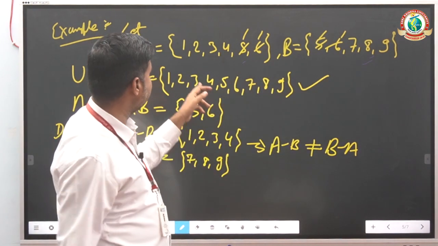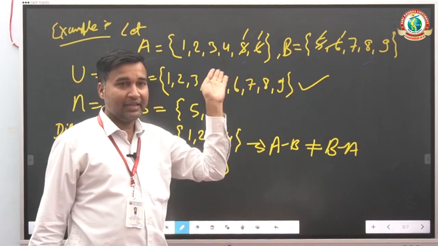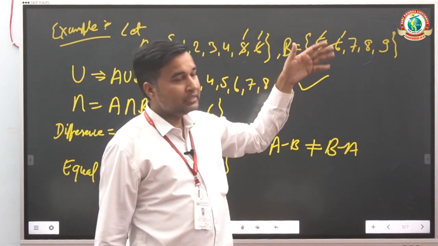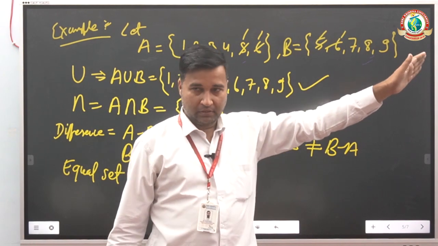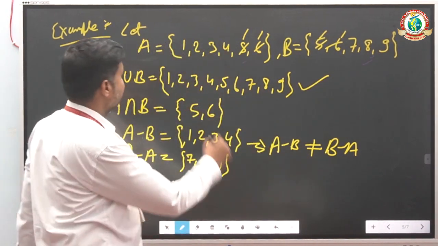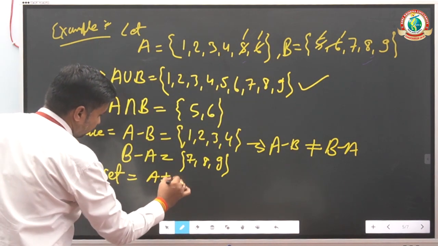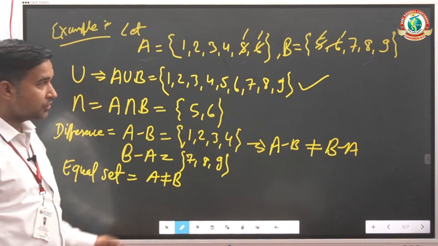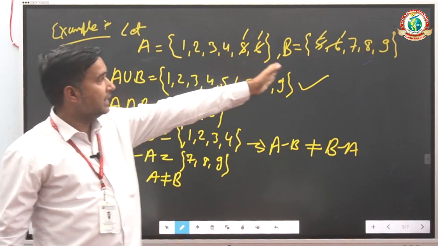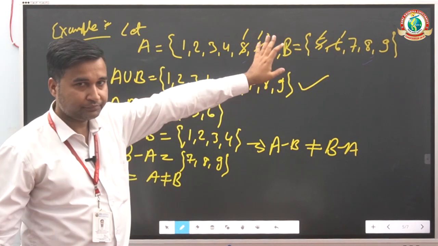So check equivalency. If the number of elements present in A is equal to the number of elements present in B, then they are called equivalent sets. These sets may not be equal, because the elements present in A and B are not the same. Clear?